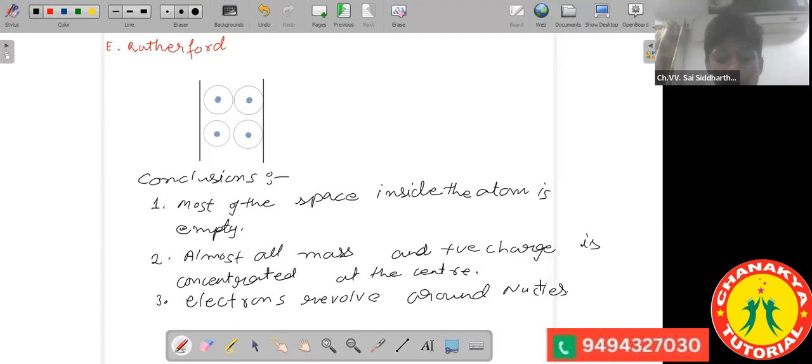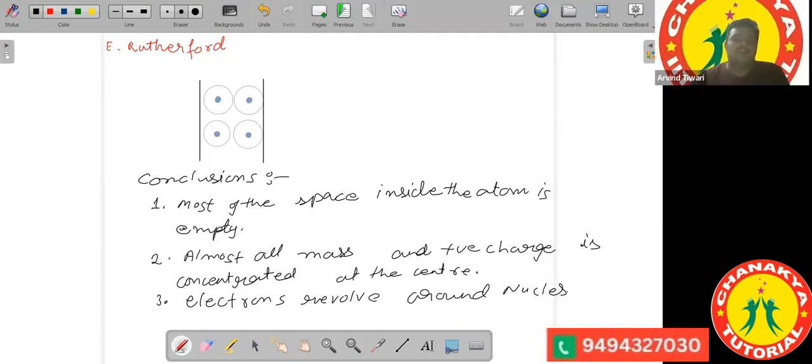Yes, sir. Okay. On the basis of these conclusions, he put forward the nuclear model of the atom. According to the nuclear model, almost all the mass of the atom is concentrated at the center, within the nucleus. The nucleus is positively charged.